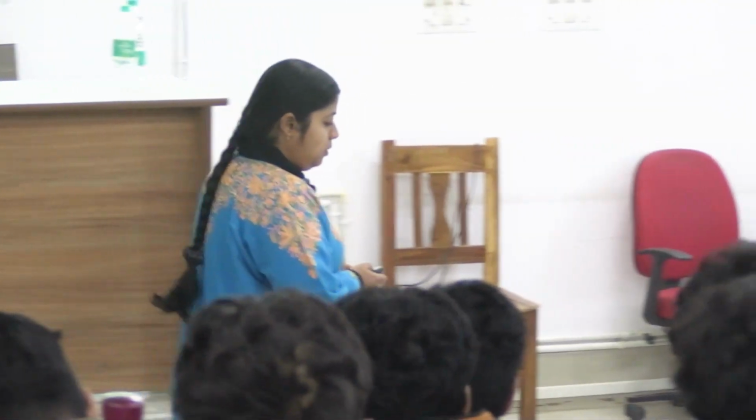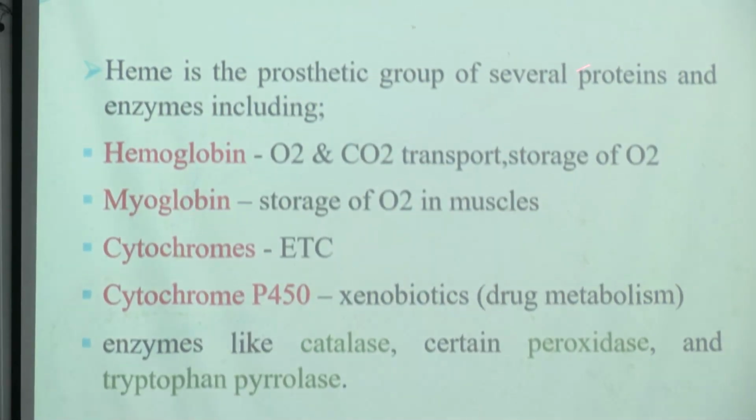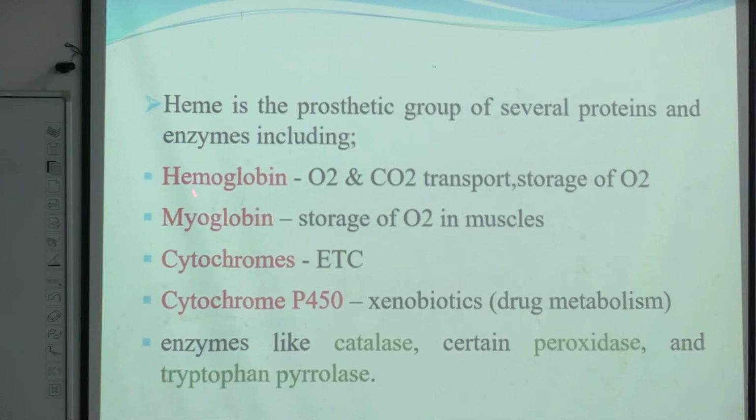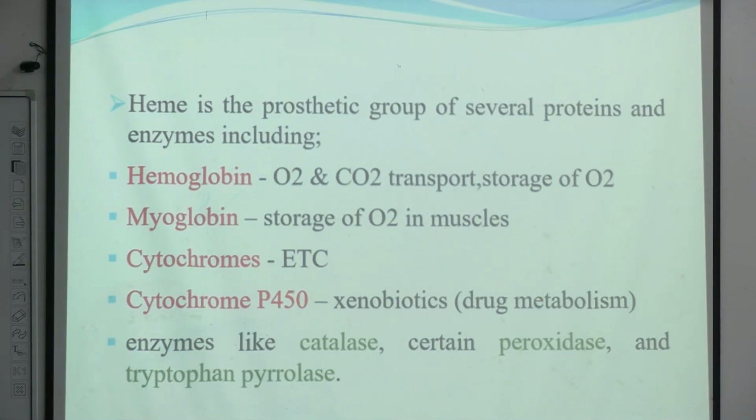Next, what are the places where heme is present? What are the proteins or enzymes where heme is present, or the overall function of heme? Heme as a prosthetic group is present in several proteins and enzymes, including first of all hemoglobin.